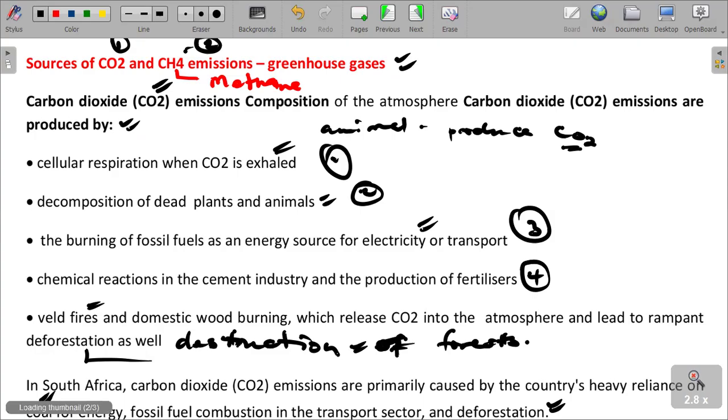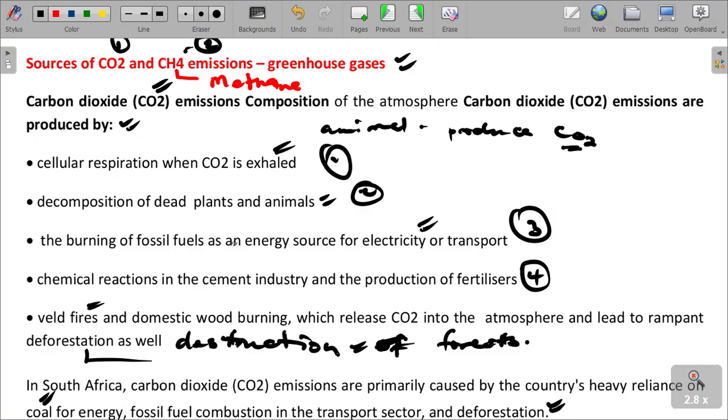fuel is burned. We also have veld fires and domestic wood burning. We have heard of runaway fires, which are found during summer times, which are very serious in terms of destruction of forests.